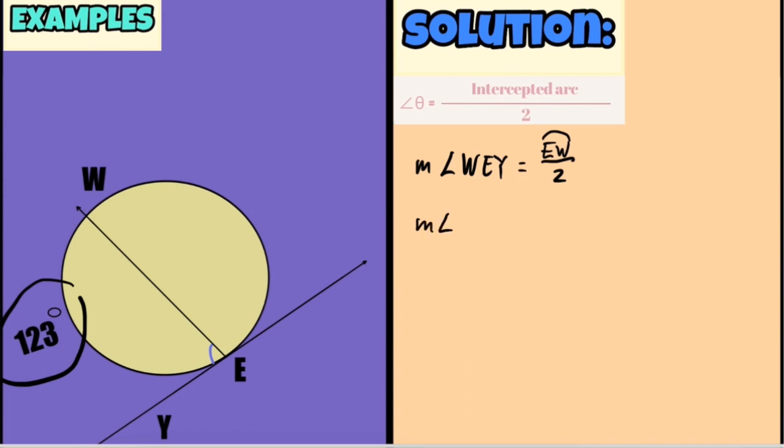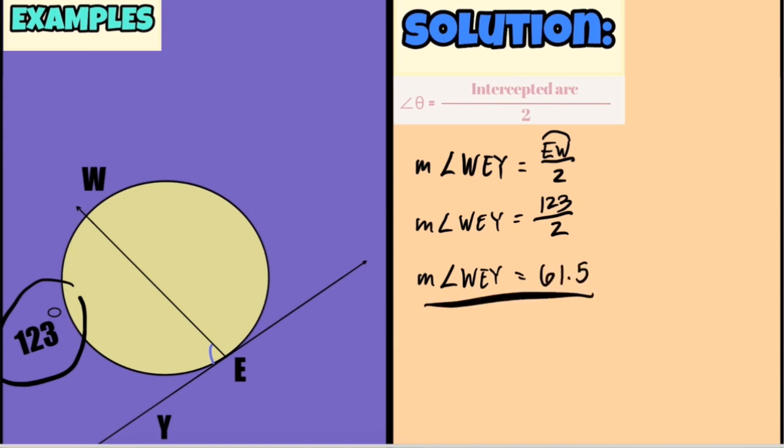Therefore, the measurement of angle W is equal to the measurement of arc EW over 2. Substitute that, you'll get 123 divided by 2. So the measurement of angle W is equal to 61.5. Yeah, this is correct. Okay, let's go with the last theorem.